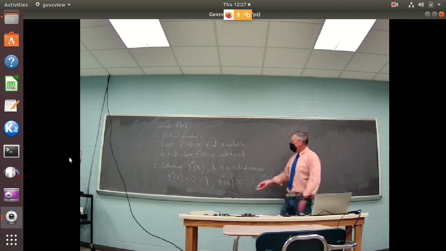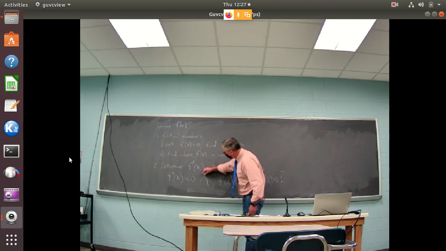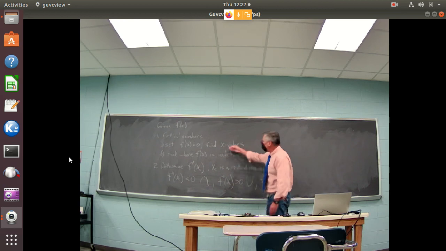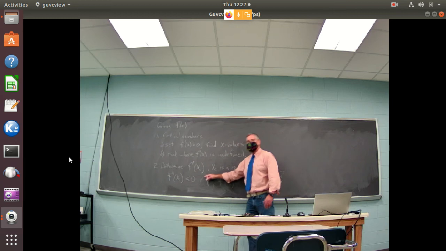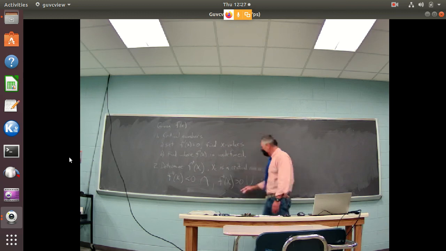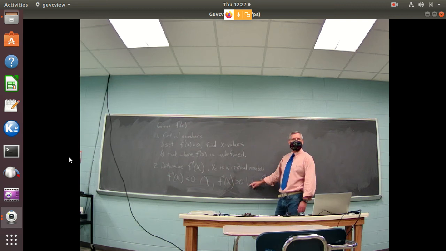Okay, so looking at the concavity again, I know I might be here or here because I already knew the slope was 0, and so if it's concave down, I must be at a maximum. If it's concave up, I must be at a minimum.